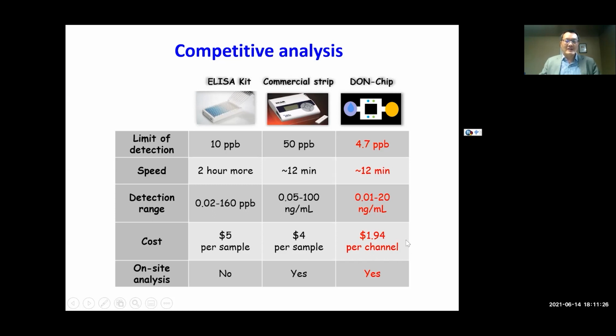For on-site analysis, ELISA is difficult to conduct on-site, right? The commercial strip can be used on-site, for example at the feed mill. Our DON chip can also be used for on-site testing. So based on this table, I think the DON chip is a very promising detection method for DON contamination in feed.